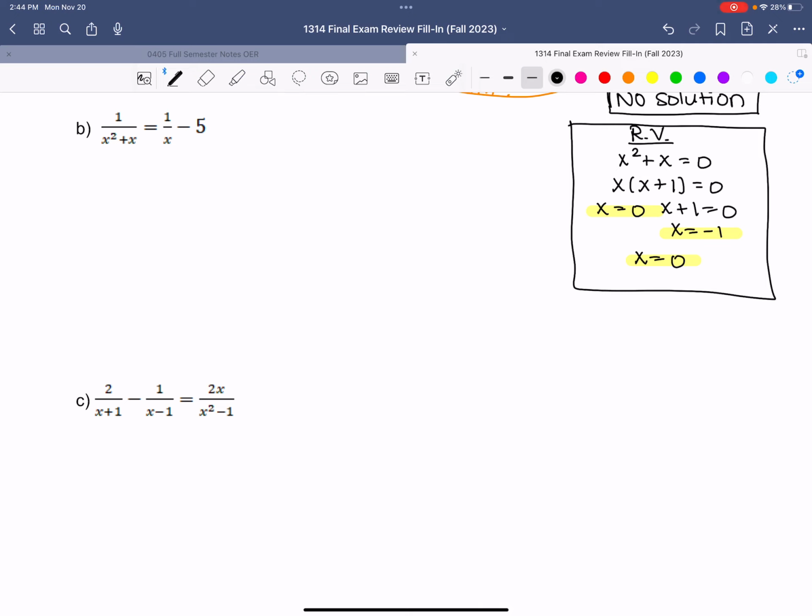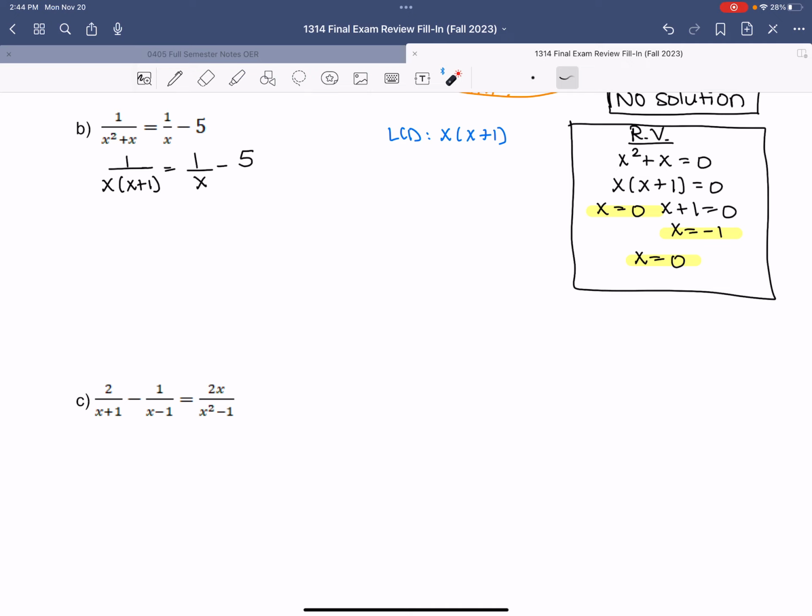So my LCD here, if I write these in their factored form, this is x plus 1 here, equals 1 over x minus 5. My LCD is going to be x times x plus 1. Okay, so once they're all in their factored form, you can see, well, I could multiply this one here by x plus 1 over x plus 1, and then I could multiply this by x times x plus 1.